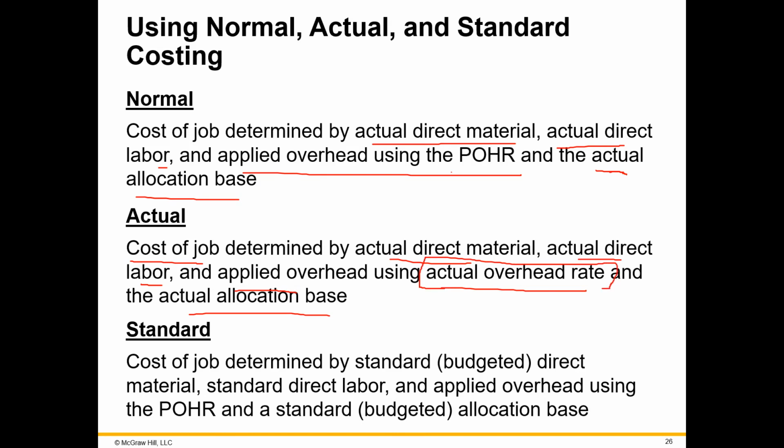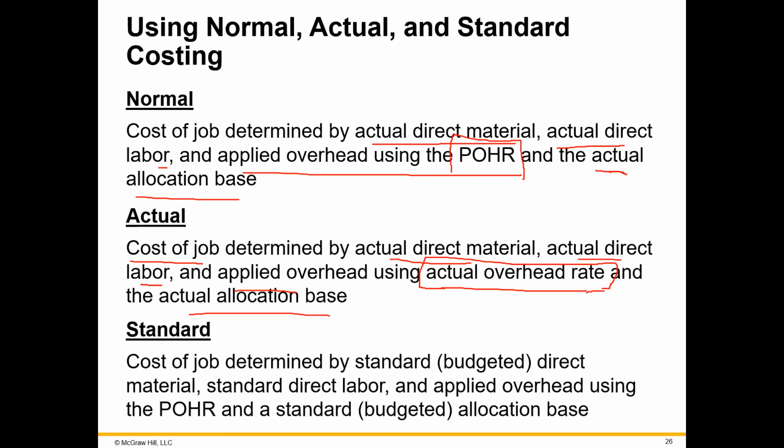The difference between the two is you can use normal costing before the period starts because it's based on an estimate, but with actual costing, you have to wait till the period is over so you can determine what the actual overhead rate is. So if you really need estimated figures to be able to operate efficiently, then you're going to have to use the normal rate.